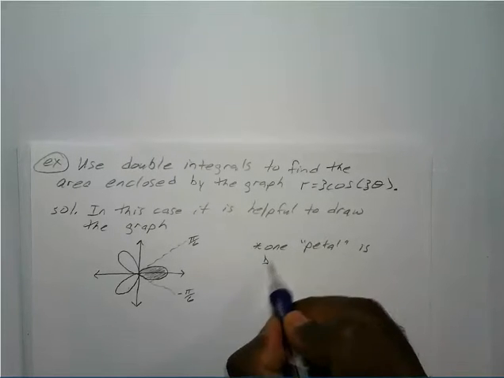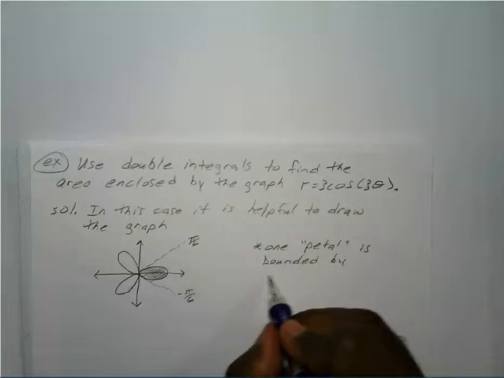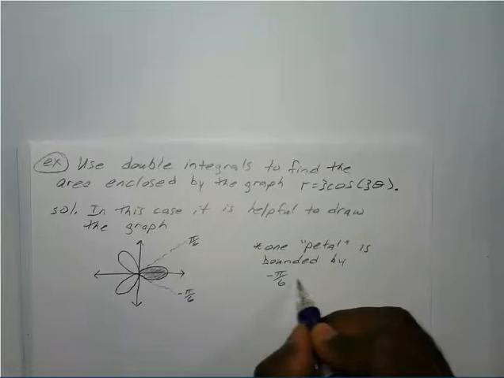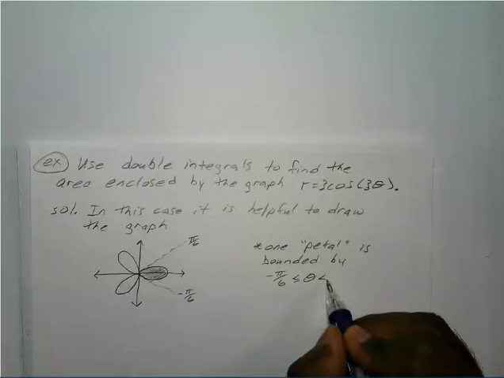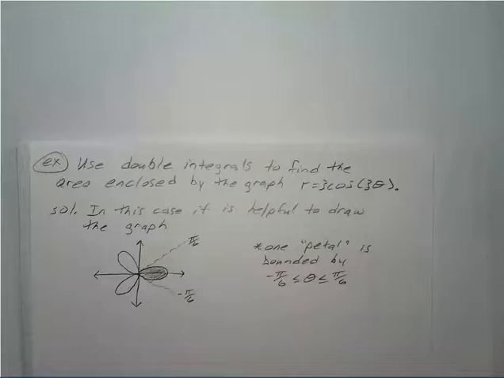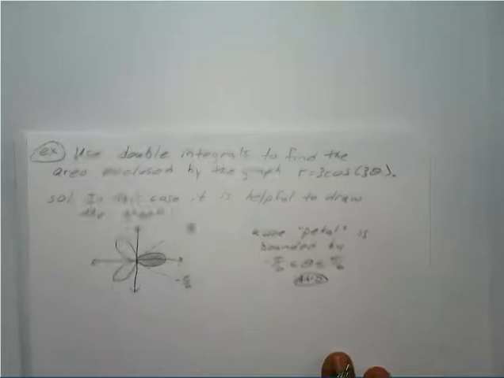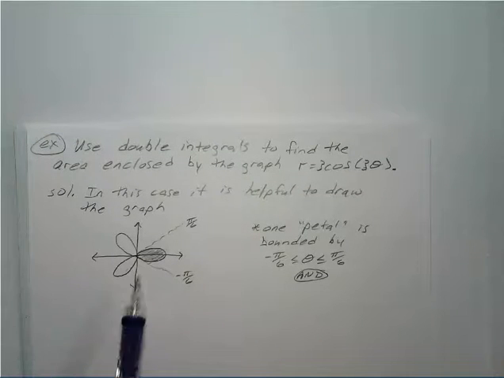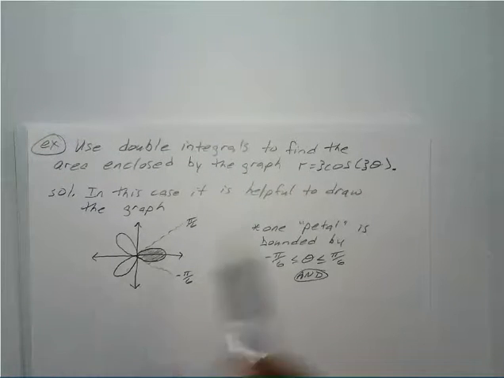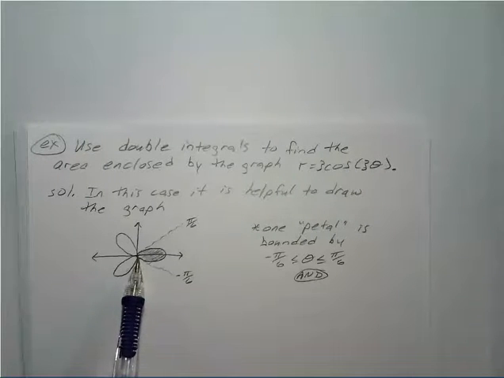So one petal is bounded by negative pi over 6 and pi over 6. And we know that our radius is between 0 and 3 cosine of 3 theta, because you have to start at radius of 0.